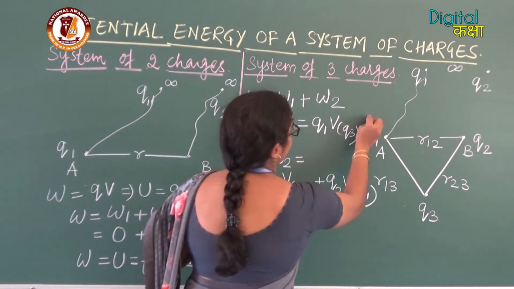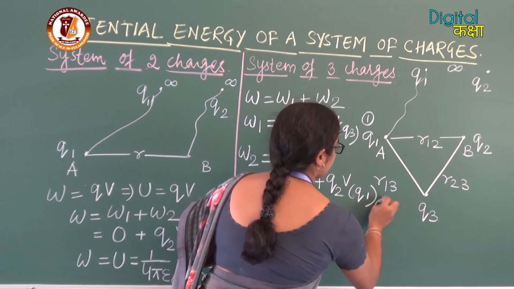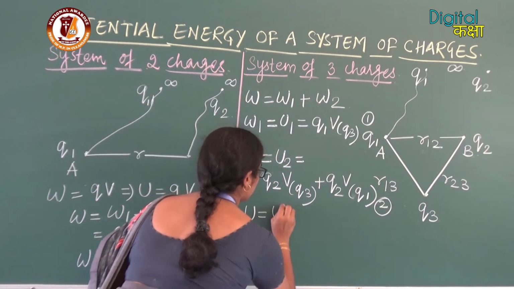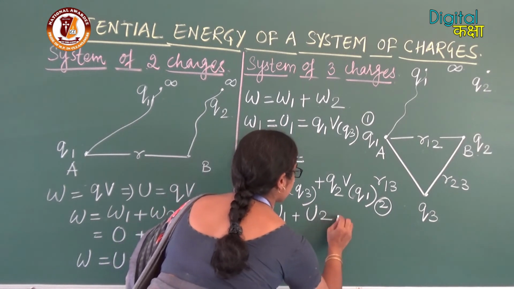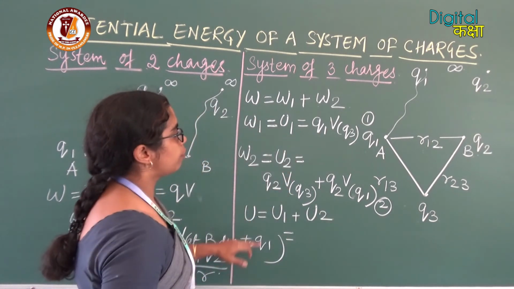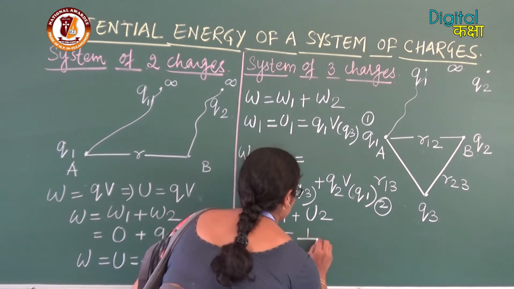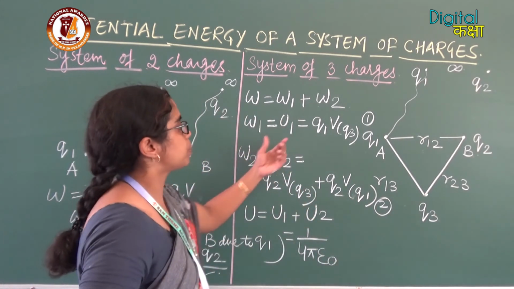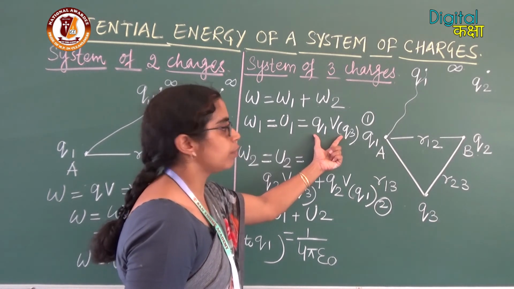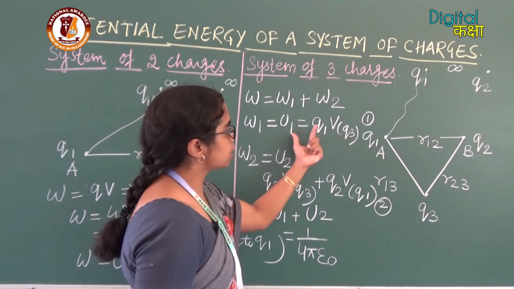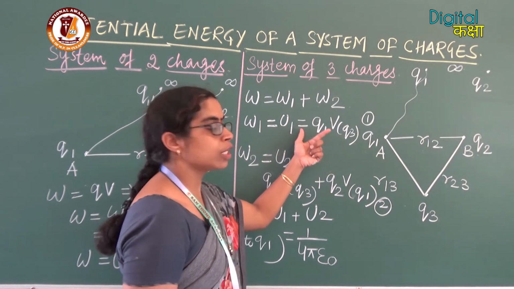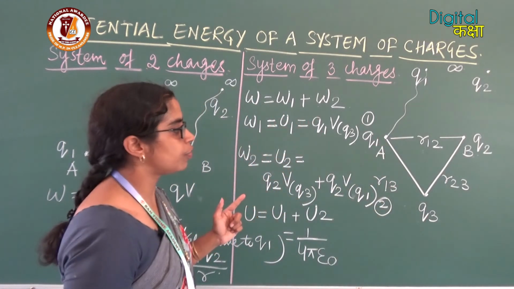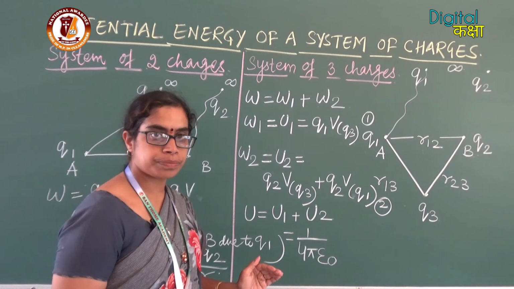Now, when we add these two equations 1 and 2 in order to get the total potential energy of the system, I will get the total potential energy to be 1 upon 4 pi epsilon naught. Equation 1 gives me the charges Q1 and Q3 in the numerator and the distance between them, R13, in the denominator.